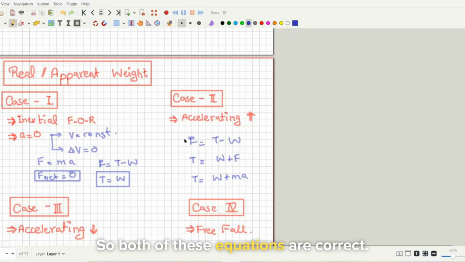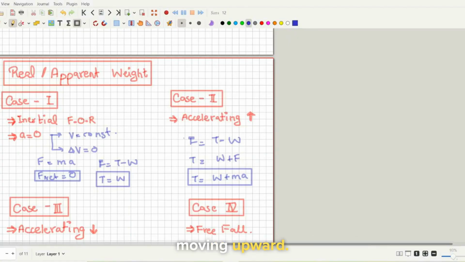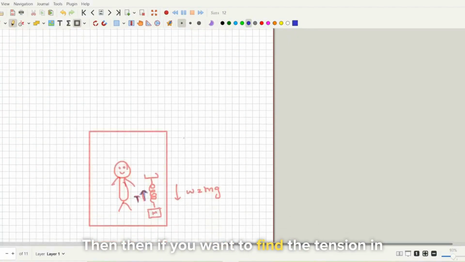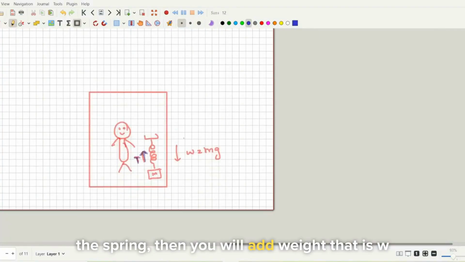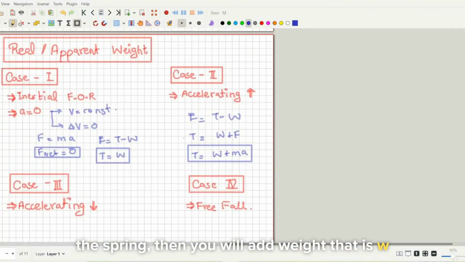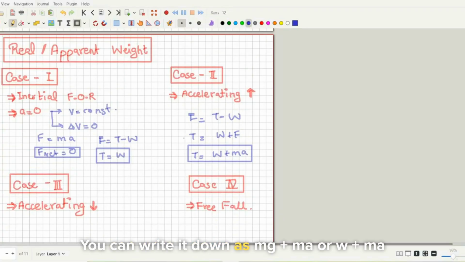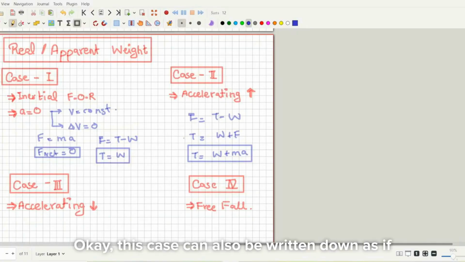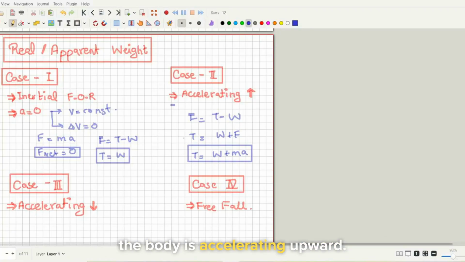Both of these equations are correct. This is the condition when the lift is moving upward. If you want to find the tension in the spring, then you will add the weight W and ma. You can write it as mg plus ma or W plus ma, both are correct. I'm writing W plus ma. This case can also be described as the body accelerating upward.